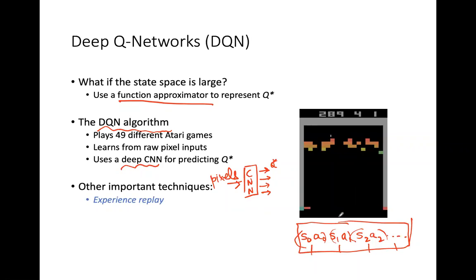Because you're essentially oversampling from a narrow part of your state space. So one way to break this correlation in your training set is to use a technique known as experience replay, which was folded into the DQN paper. Again, this is an idea that dates back to the 90s, but basically what that means is when you collect experience from a current episode, you don't use just this to train your network.